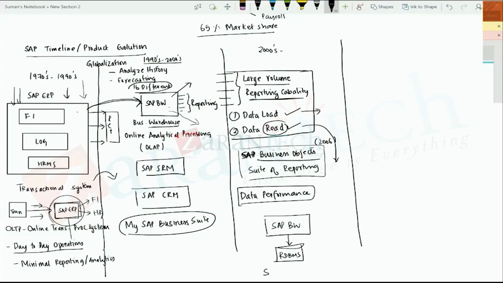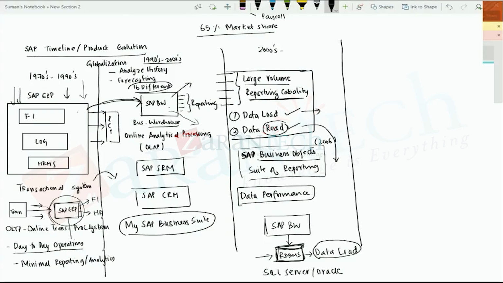Because SAP was reliant on a third-party database, like an RDBMS system such as SQL Server or Oracle, the data load and the data performance were predominantly controlled by the third-party tool. So SAP very soon understood that the bottleneck seems to be in the underlying RDBMS system.